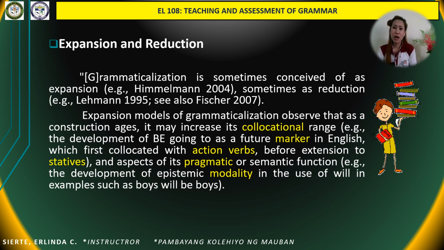So, when we say reduction models, of course these are models of grammaticalization that tend to focus on form. Okay, aside from that, in a particular change of something, specifically increased formal dependency and phonetic attrition.